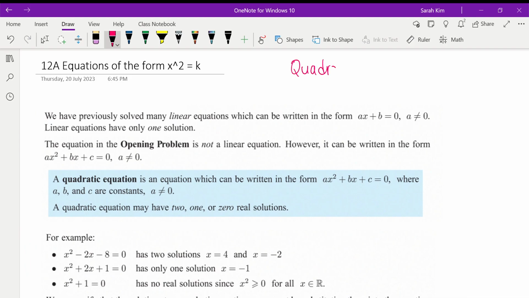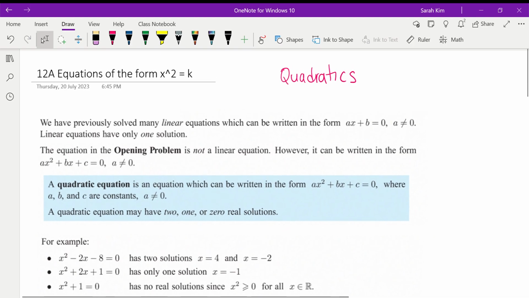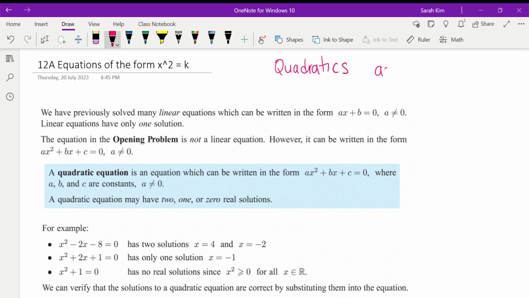Now what that means is it's a power of 2. The general quadratic form looks something like this: x squared plus bx plus c equals 0. If I don't look at the squared term for now, hopefully you can see the equation is of the form mx plus c.